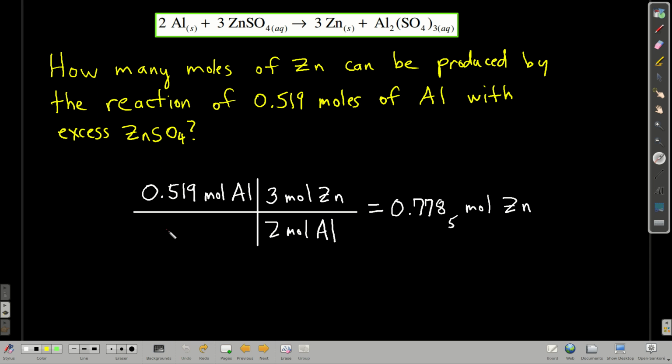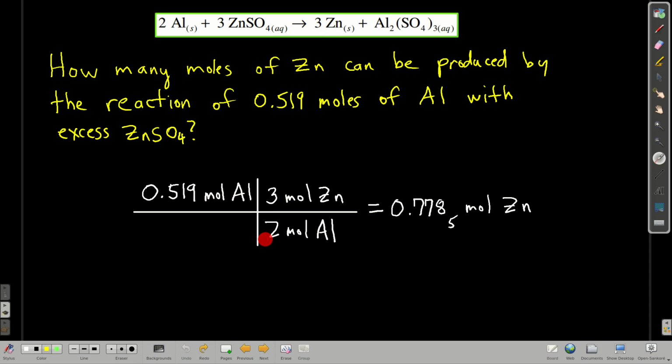So all we do is take how many moles of aluminum that we're starting with, 0.519 moles, and multiply by the mole to mole ratio. Now, the way we do this is we say that 2 moles of aluminum are equal to or produce 3 moles of zinc, and then when we come down here, we just look at what we have and make sure our units cancel. So the moles of aluminum are here.